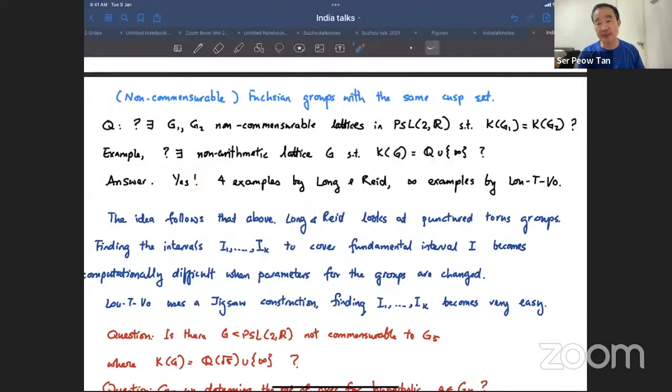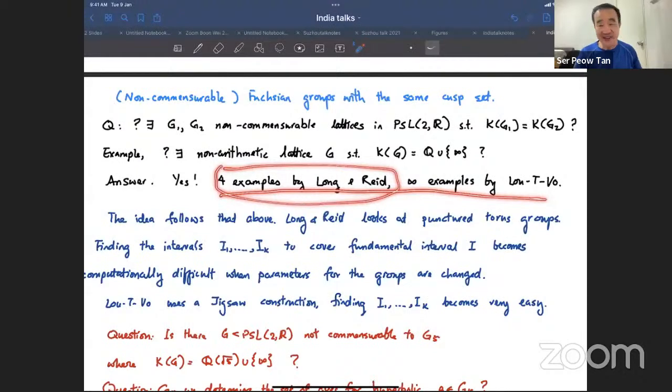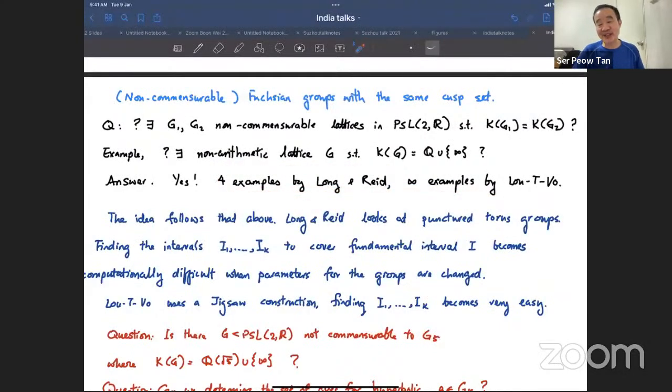This was in a paper by Long and Reid, which is now almost 20 years old. They found 4 examples. The way they found the examples was, instead of looking at the modular group, they looked at punctured torus groups.